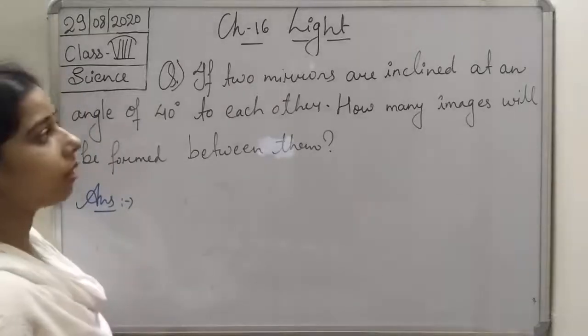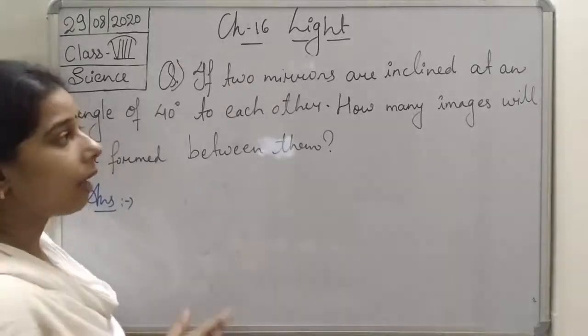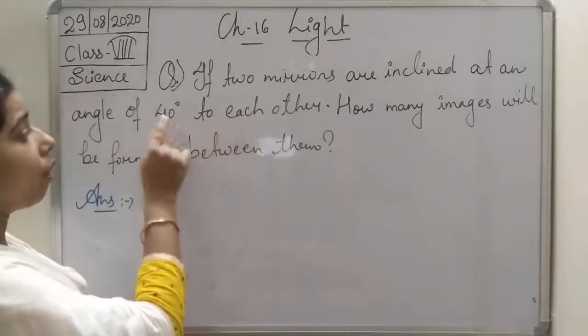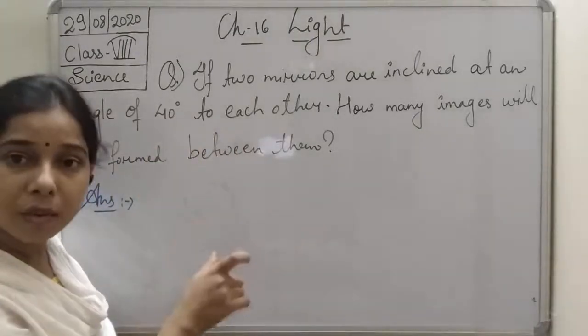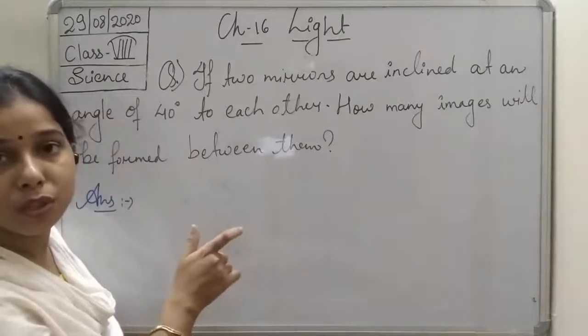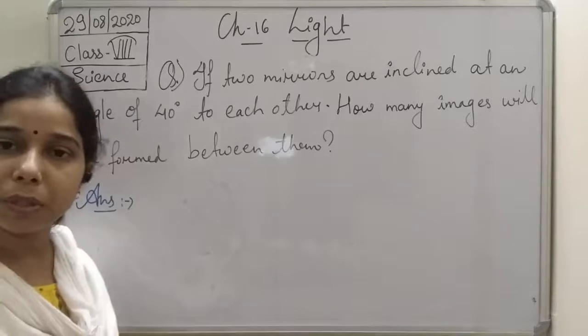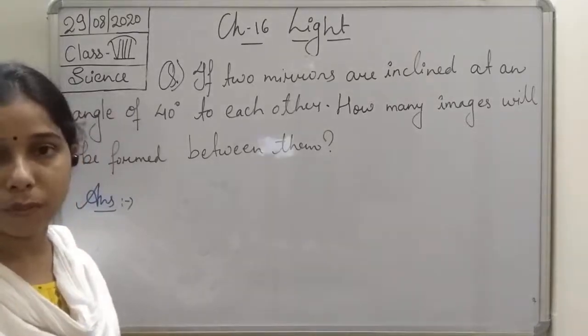So the question is that if two mirrors are inclined at an angle of 40 degree to each other, how many images will be formed between them?